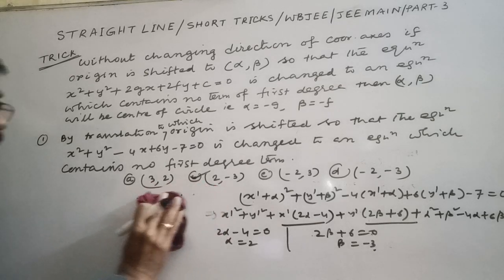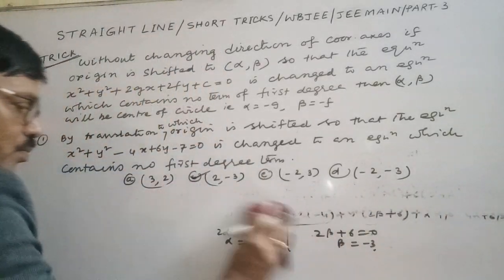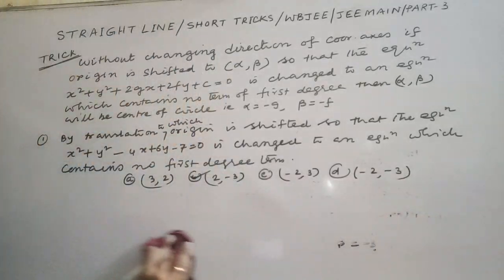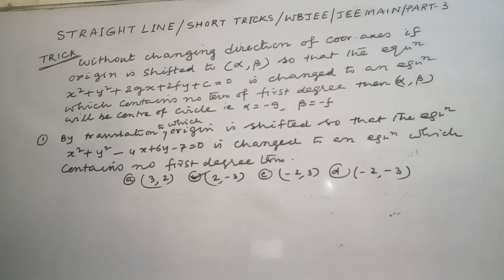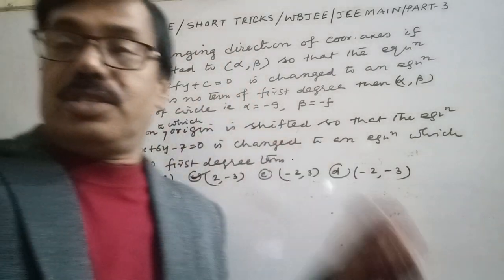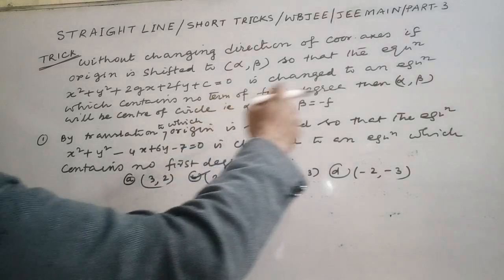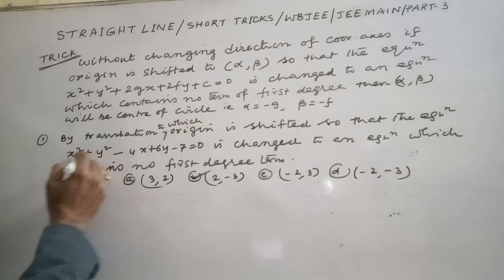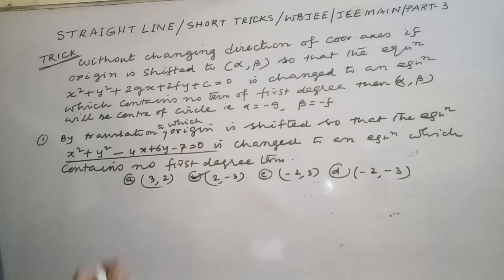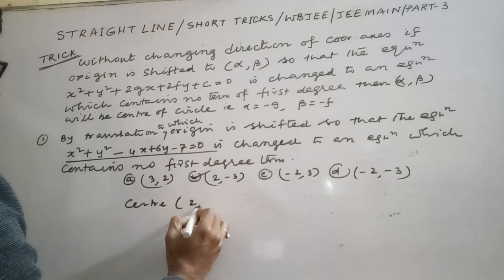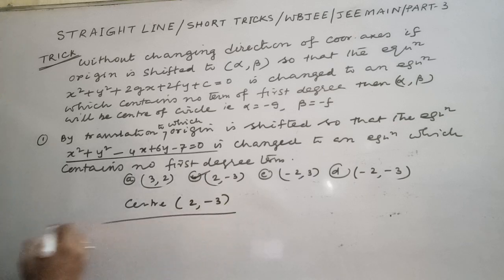Now, look at the shortcut method. So, if origin is to be shifted to alpha beta without changing the direction, then the new origin will be the center of the given circle. Now, this one is a circle. So, what is the center? Center is 2 comma minus 3.